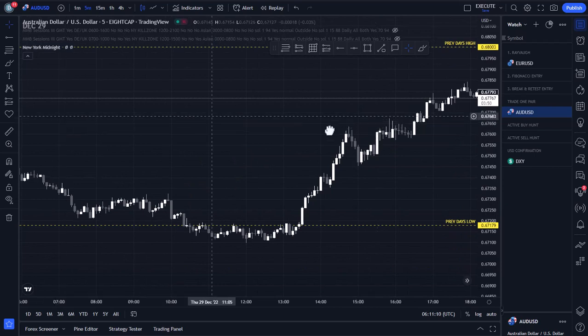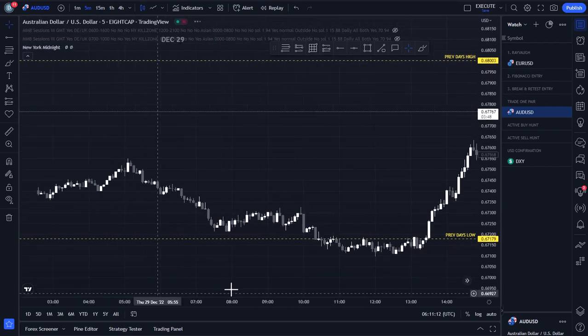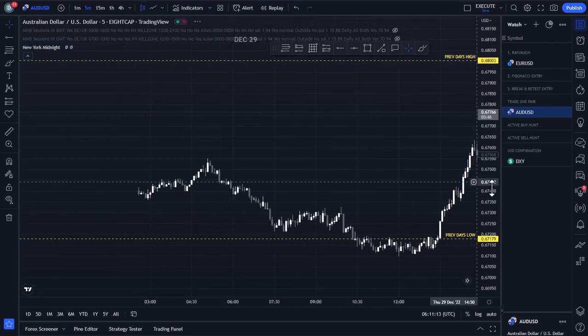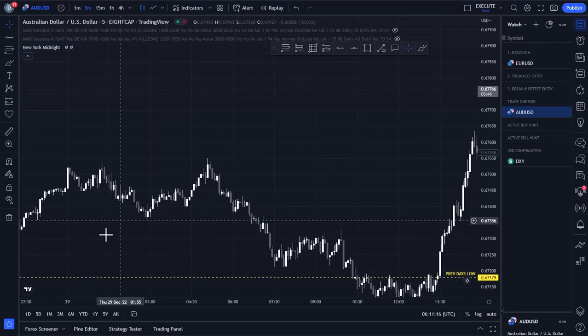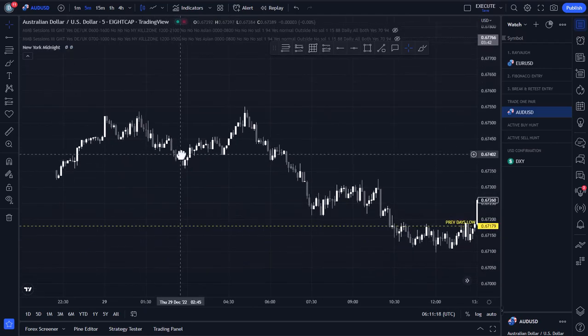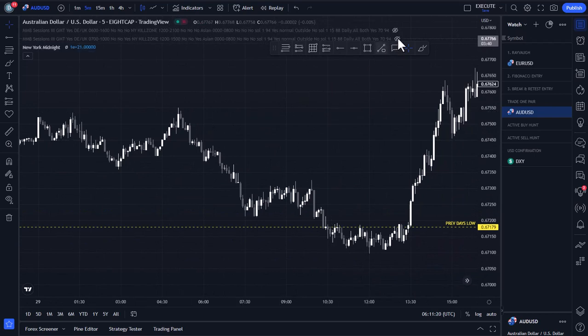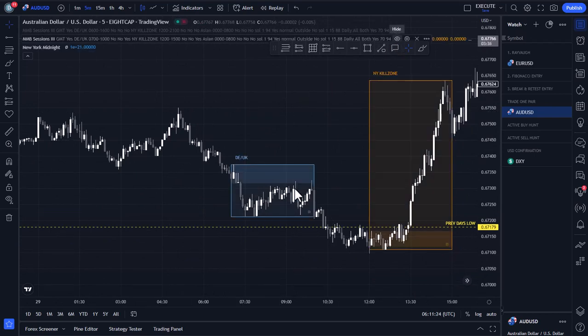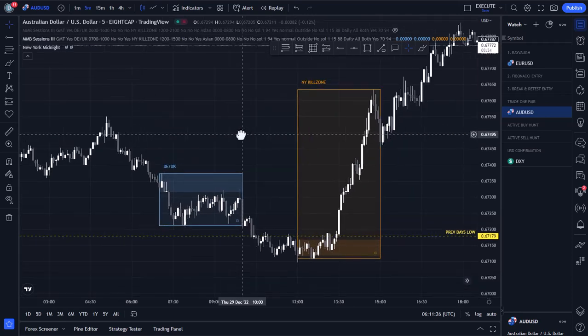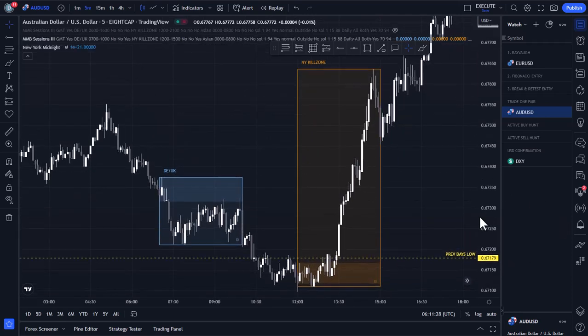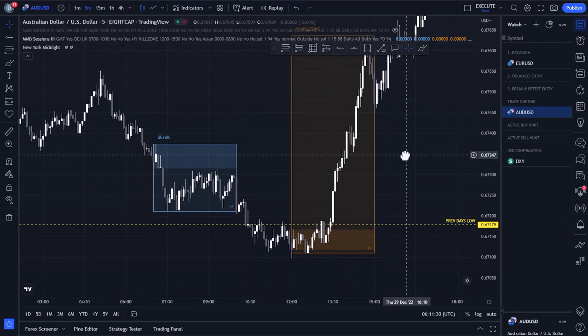So I think we have Thursday's price action here now. And then I turn on the sessions indicator, and I'm going to be looking at two strategies at once.